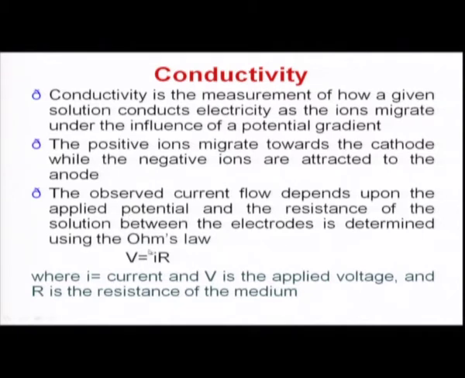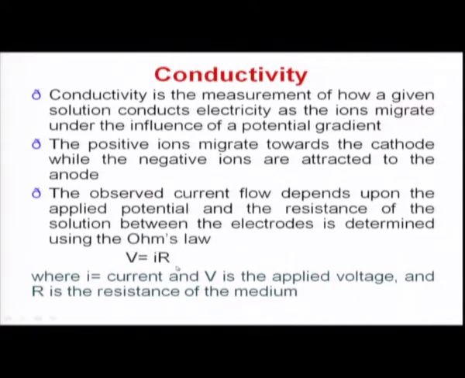That is, the resistance between the electrodes, anode and cathode, is measured as per Ohm's law, and the conductivity measurement is based on Ohm's law. That is, the applied potential is proportional to the current I and resistance R. This is Ohm's law.